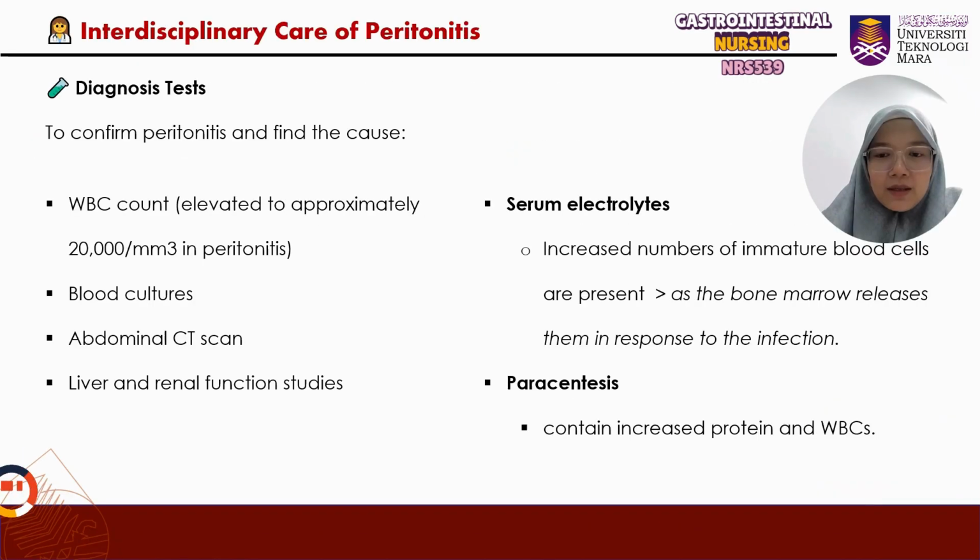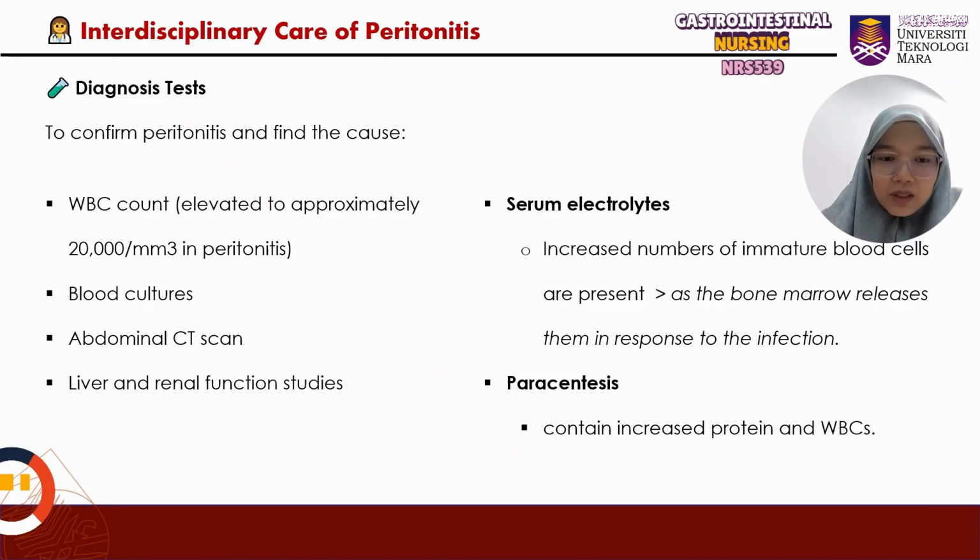There are several diagnostic tests that can be done to confirm peritonitis and also to find the cause of the infection. The white blood cell count will be elevated in patients with peritonitis, suggesting infection, and blood cultures will have to be taken to check what bacteria are involved in the infection. An abdominal CT scan can be used to see the peritoneal cavity.